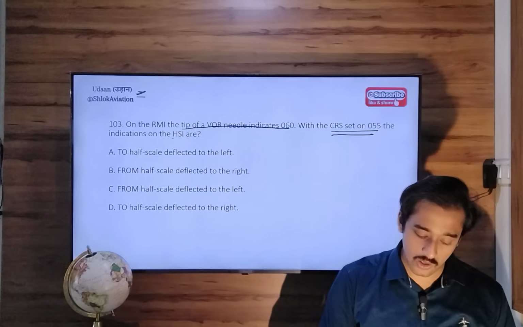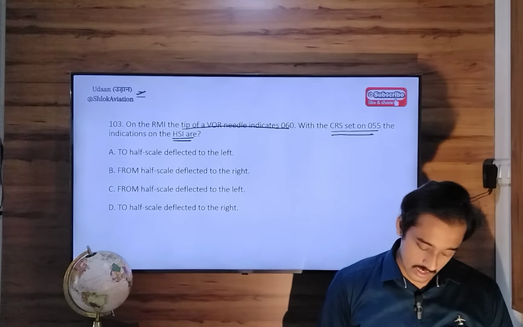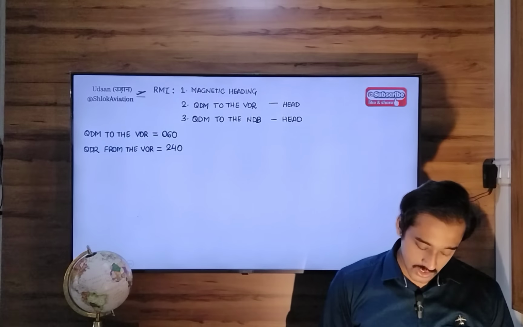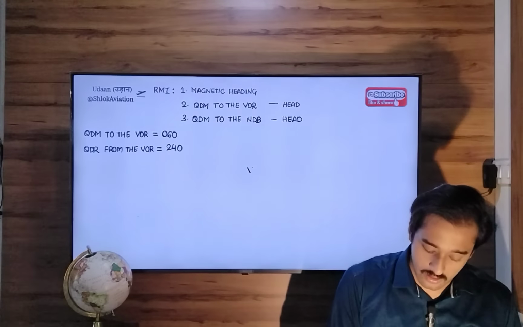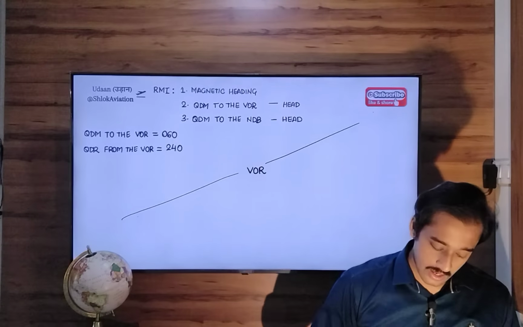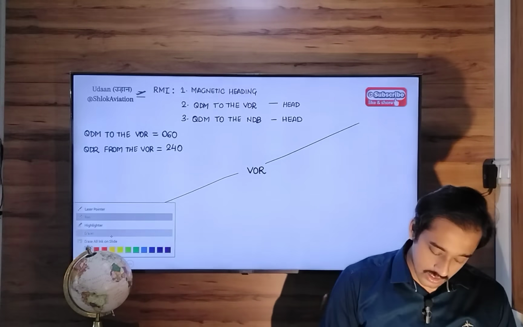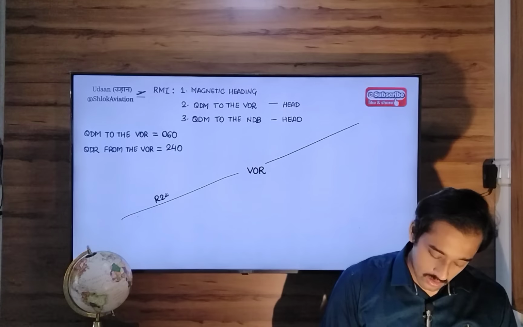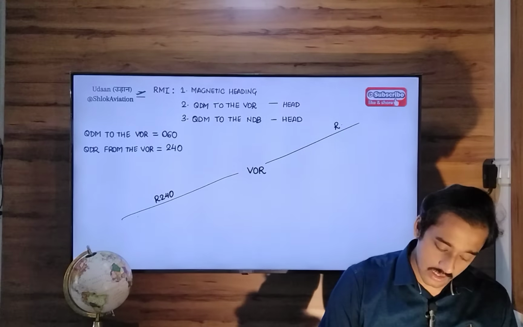055, the indications on the HSI will be what? So this is your VOR station. The aircraft is on radial 240 going towards radial 060.